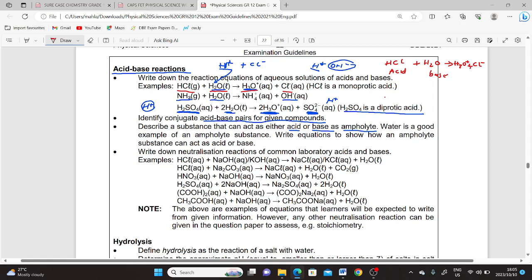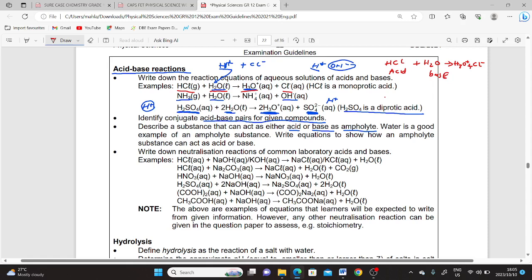Now because H2O has accepted, once you accept the hydrogen, it means it's a base, because a base is a proton acceptor.